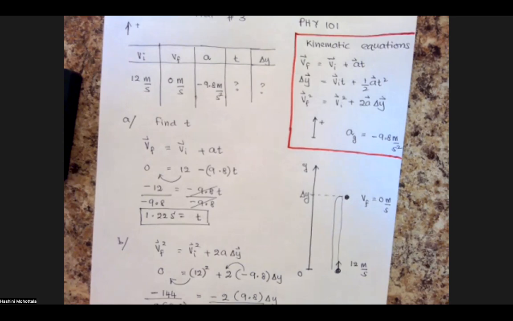And you will end up with an answer of 7.34 meters. So the height from the starting point to the maximum point is 7.34 meters. Meter is the SI unit.